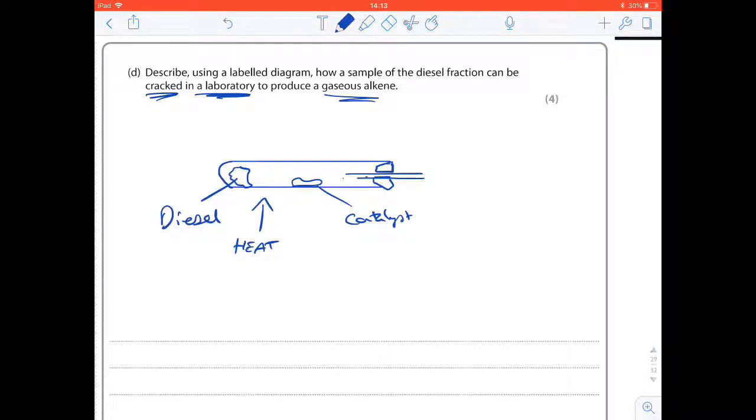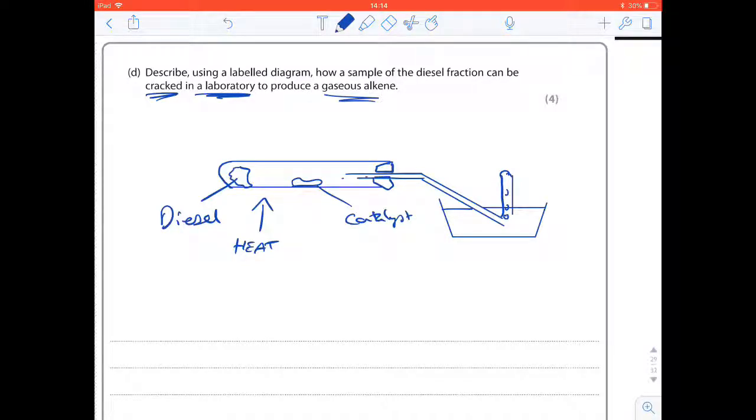That alkene is going to come out through the delivery tube, and then you needed to ensure there was some way of collecting that, which might well be collecting it over water, which would mean some sort of tube to collect it like this. And the bubbles of gas are going to come out and can be collected over water.